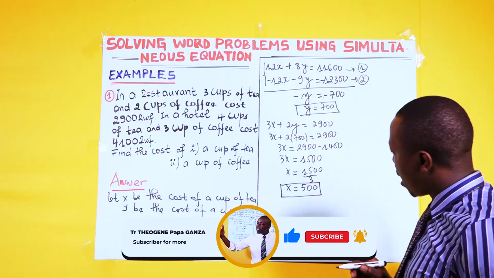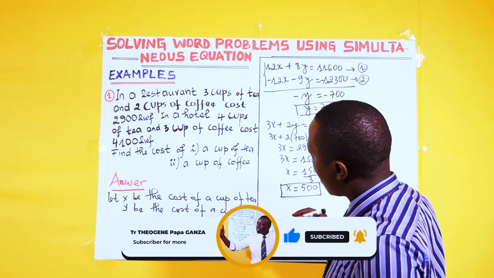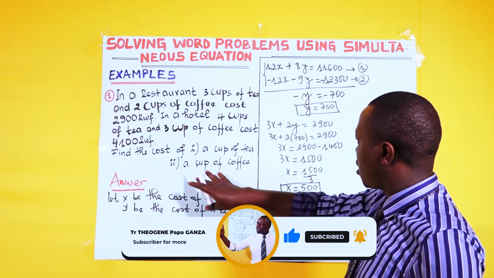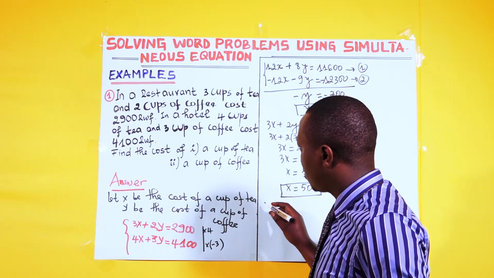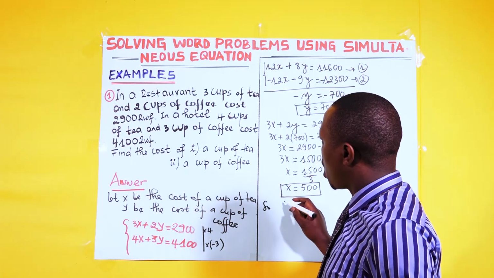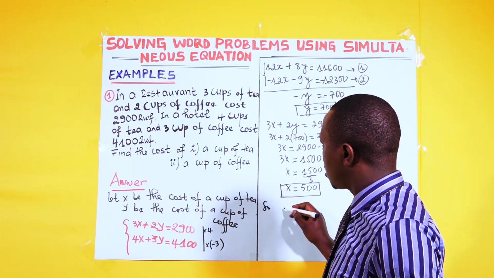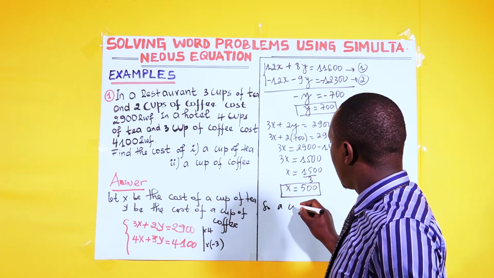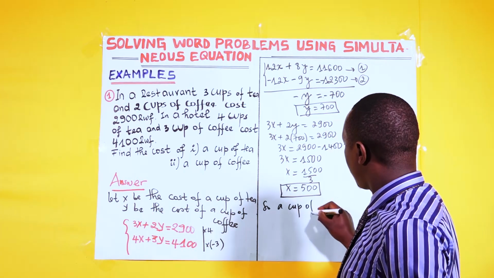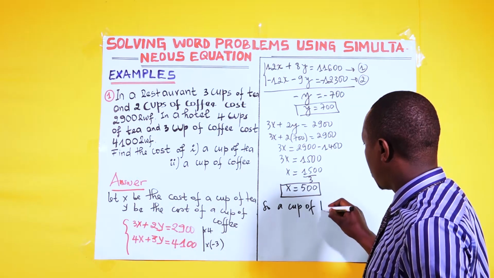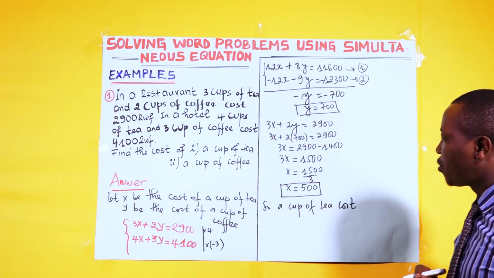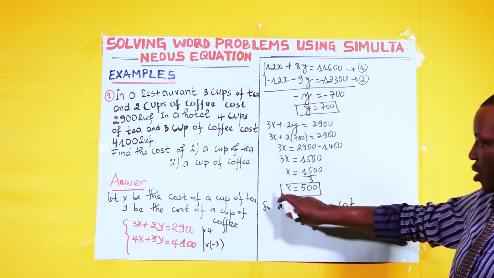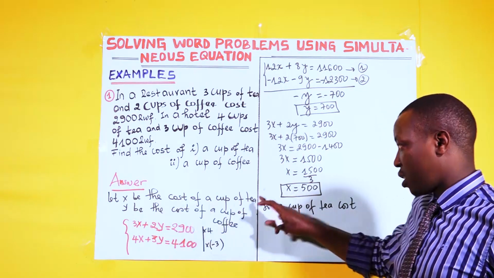So let us make a conclusion here. We can conclude by saying that because we are asked to find the cost of a cup of tea, a cup of tea costs 500 francs, since x stands for the cost of tea.